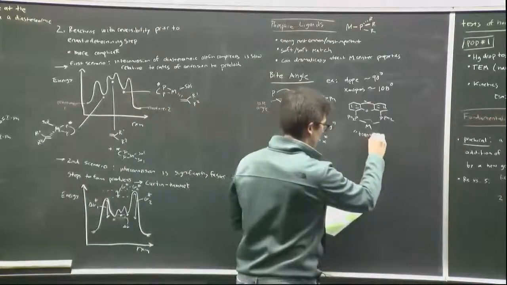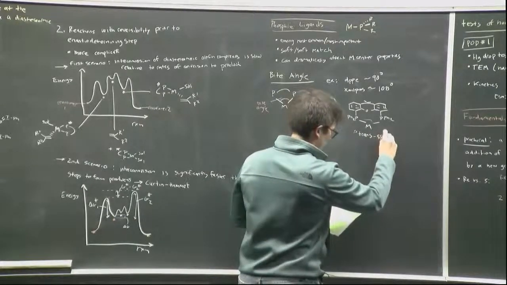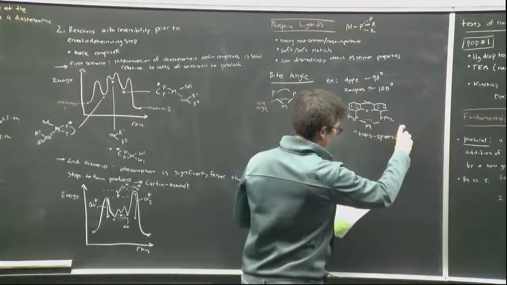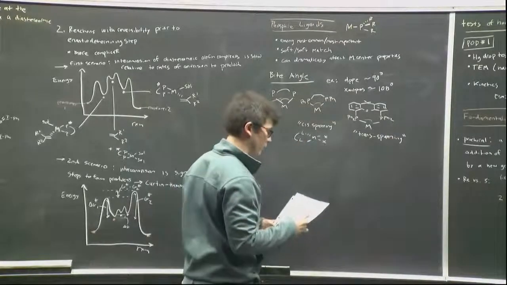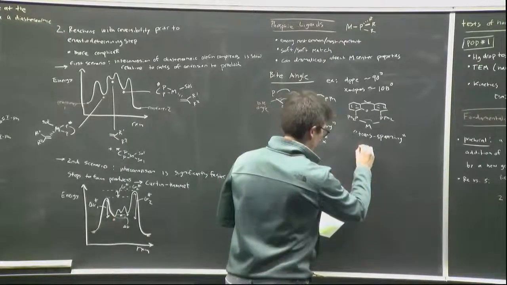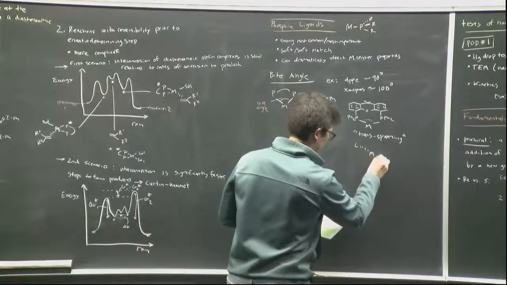It can either be trans-spanning or cis-spanning, which was most of the known bidentate ligands up until maybe 30 years ago, and then these trans-spanning ligands, which can actually wrap all the way around.